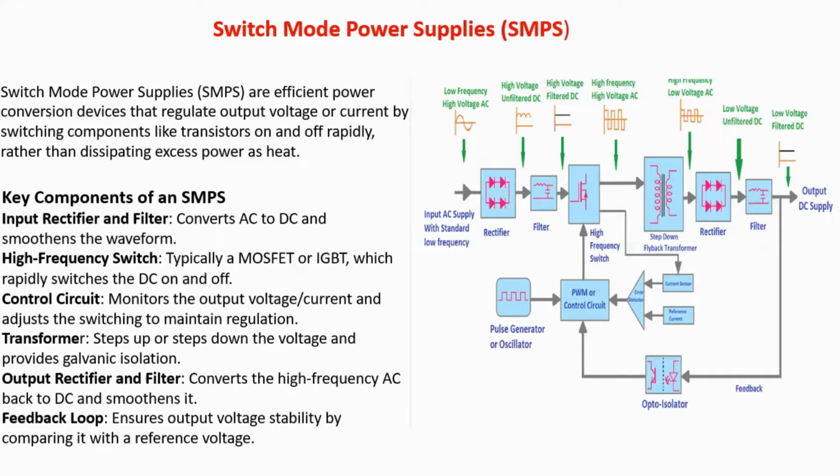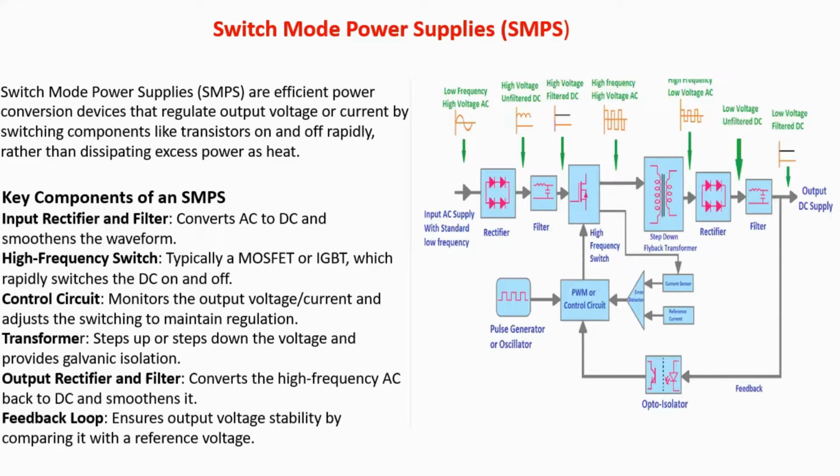The very important part in SMPS is a switching transistor, which switches on and off with a very high frequency, correct? That is the simplest way to understand the switch mode power supply: a transistor which switches very fast on and off.